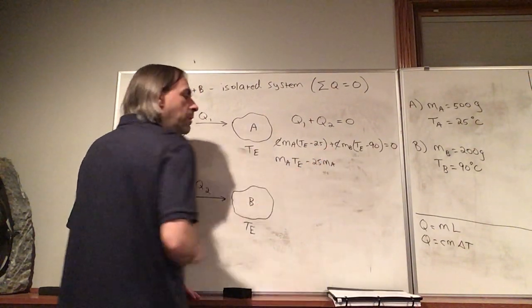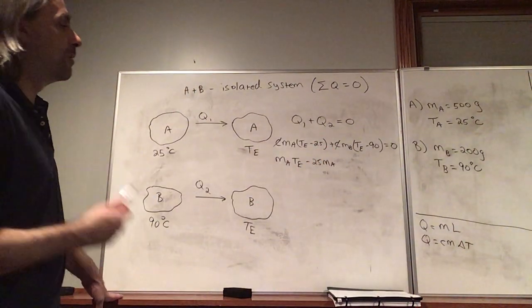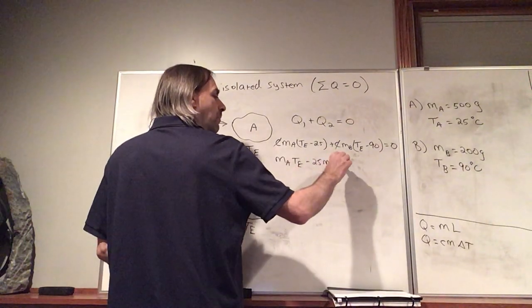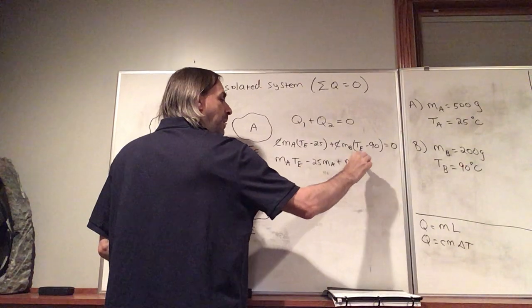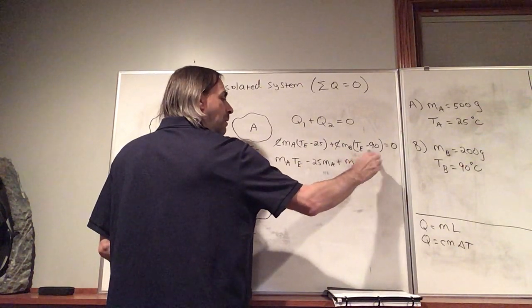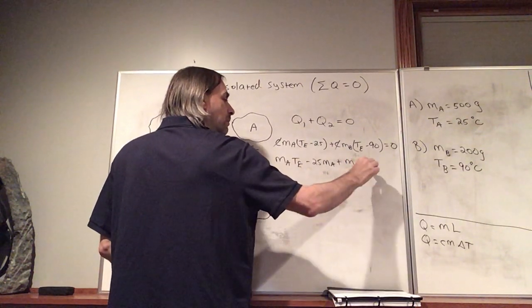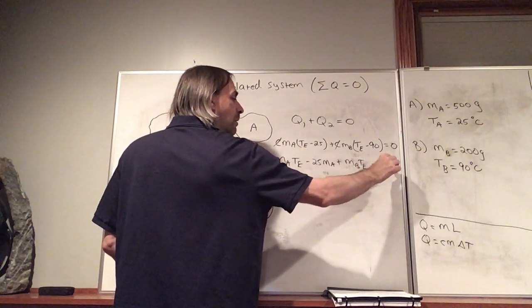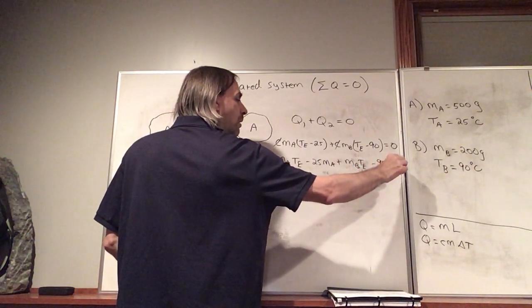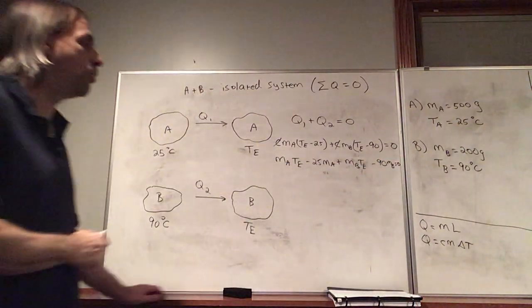But I have limited room here. So here we have plus M B T E minus 90 M B equals 0.